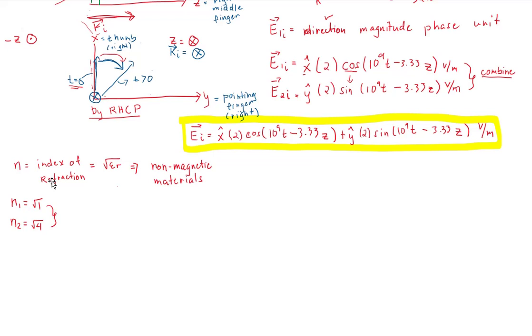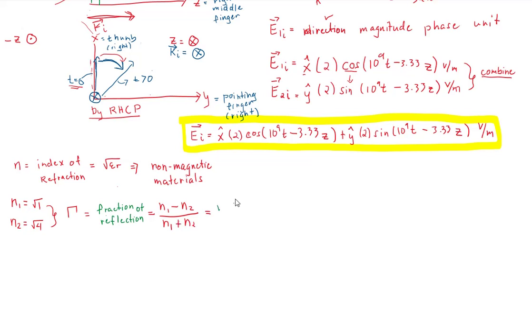From these two we could obtain our gamma, which is our fraction of reflection, equals n1 minus n2 divided by n1 plus n2.